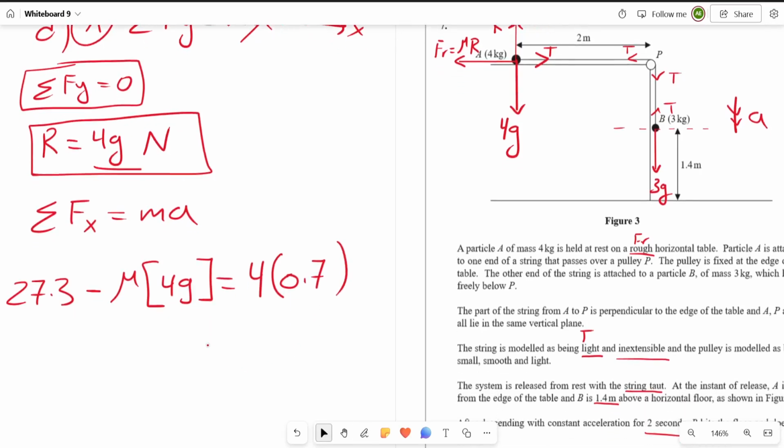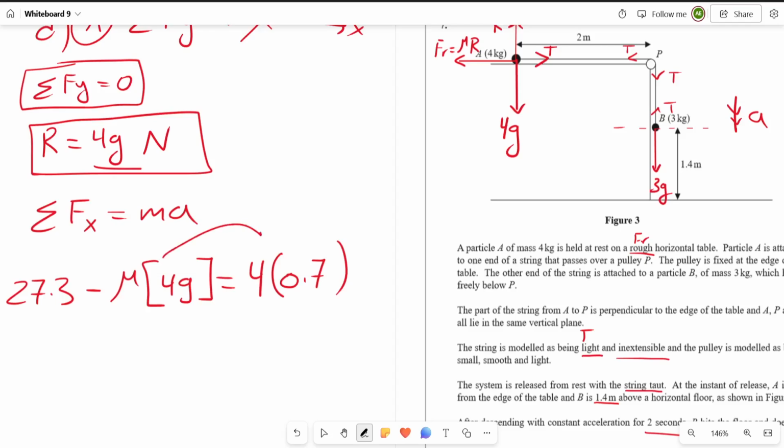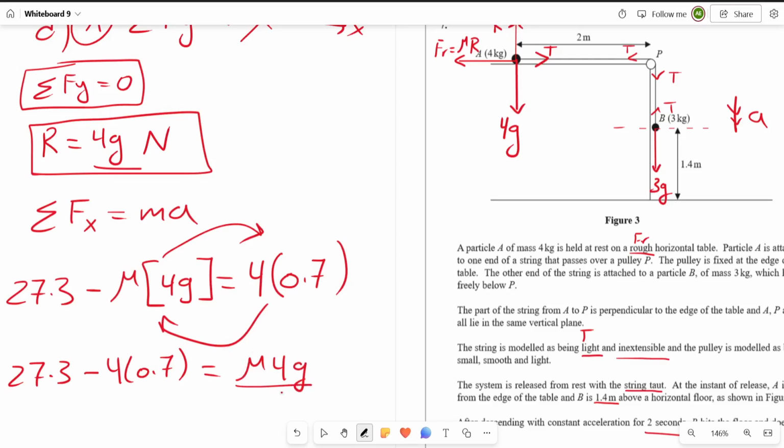From here, I can find the value of mu. I'm going to move this whole thing to the other side, so it's going to be 27.3 minus 4 times 0.7 equals mu times 4 times g. If I want mu, I'm going to divide both sides by 4g.